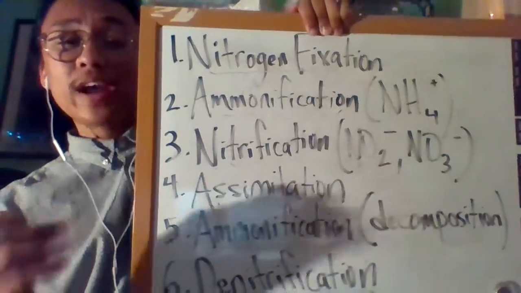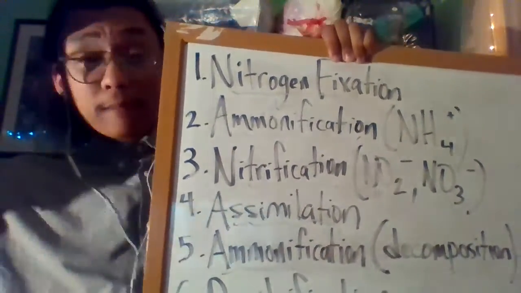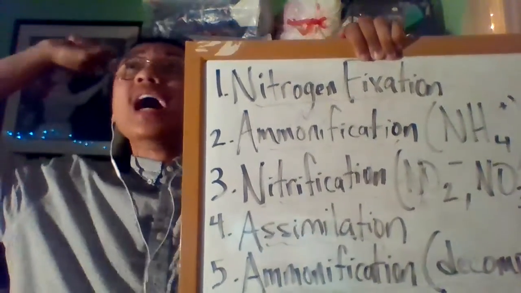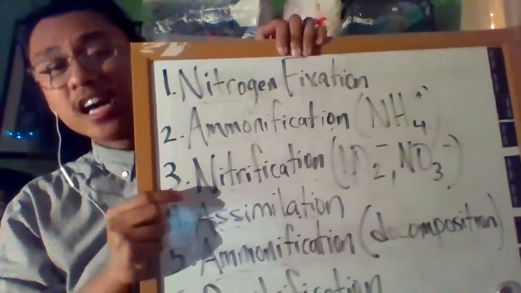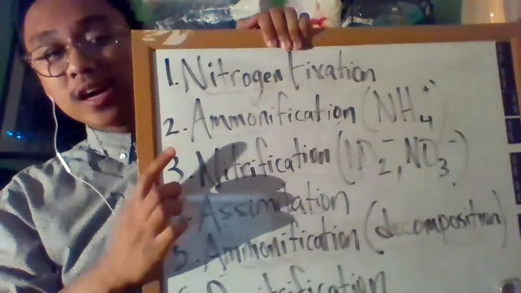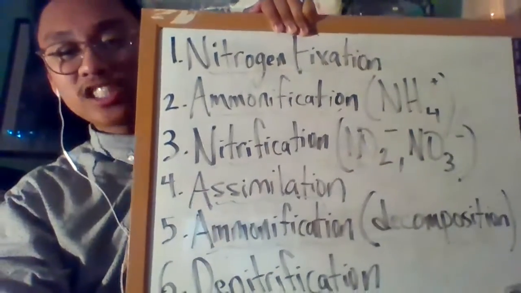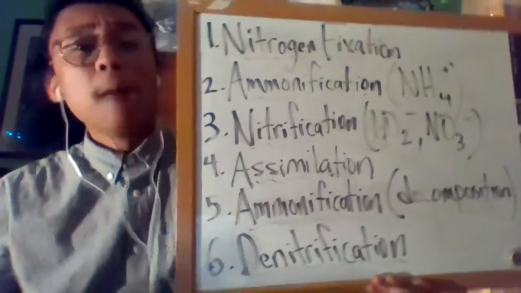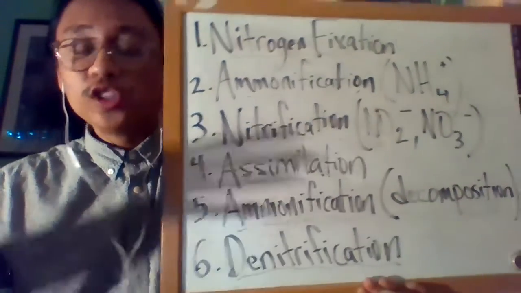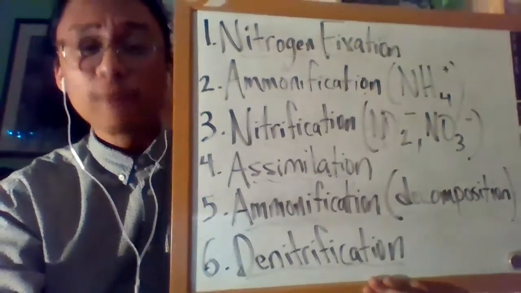This phase, where bacteria transform ammonium into nitrite and nitrate, is called nitrification. So with ammonium, nitrite, and nitrate, plants are now able to use nitrogen in these forms.